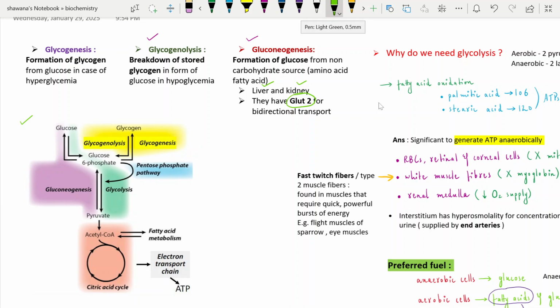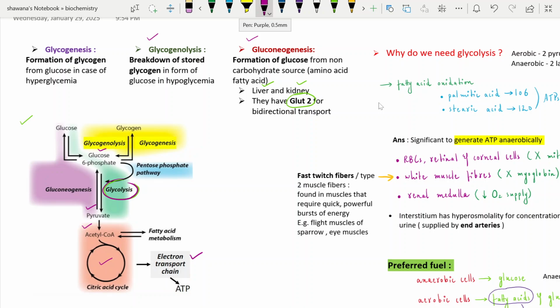First of all is glycolysis. Let me change the color. It's glycolysis, in which glucose is converted into pyruvate and the pyruvate is converted into acetyl CoA, and then it dives into the citric acid cycle, and a lot of ATP is produced through the electron transport chain in mitochondria.